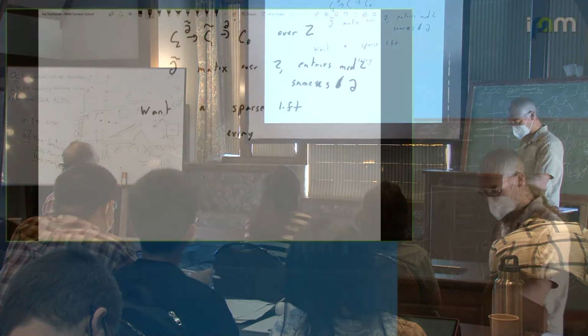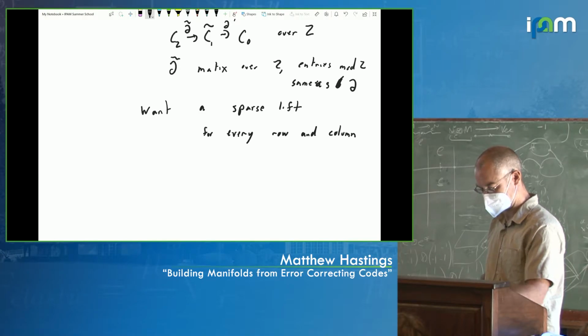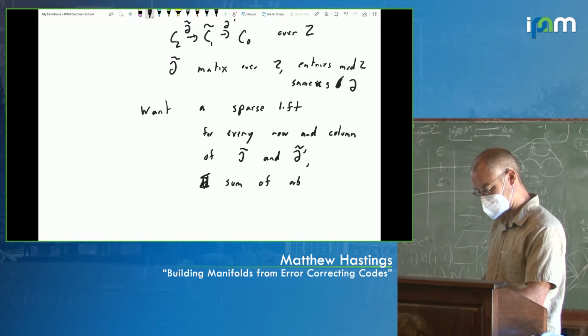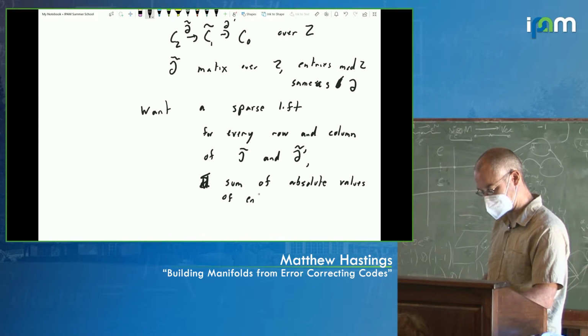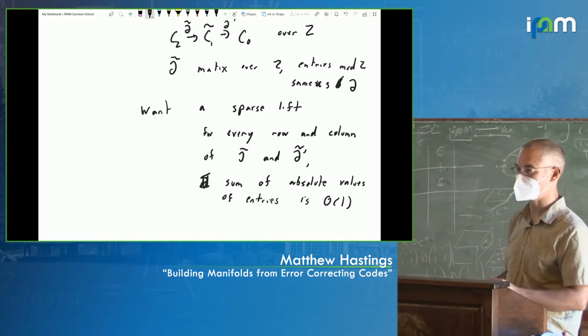For every row and column of grad tilde and grad prime tilde, the sum of absolute values of entries is O(1), so just bounded by some constant.